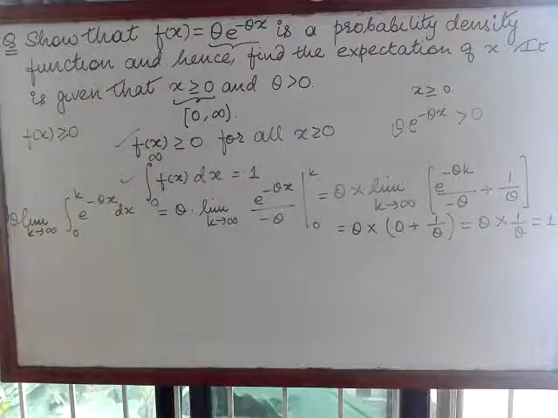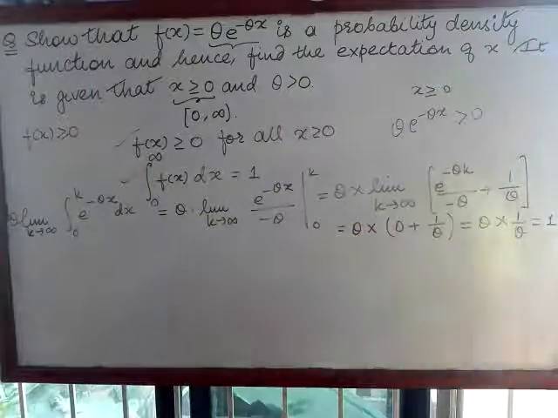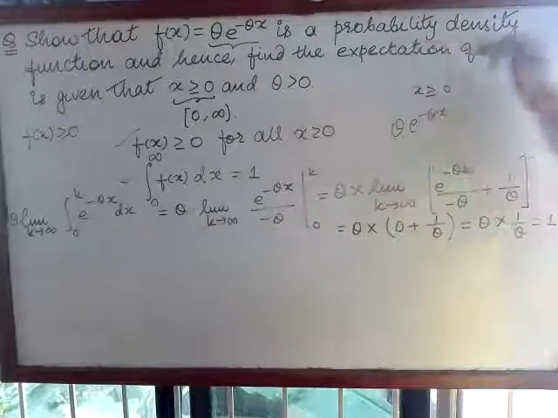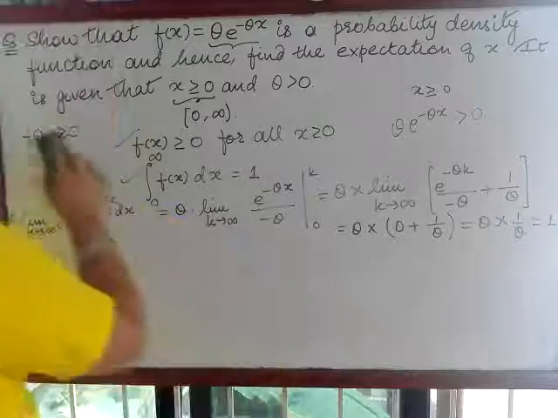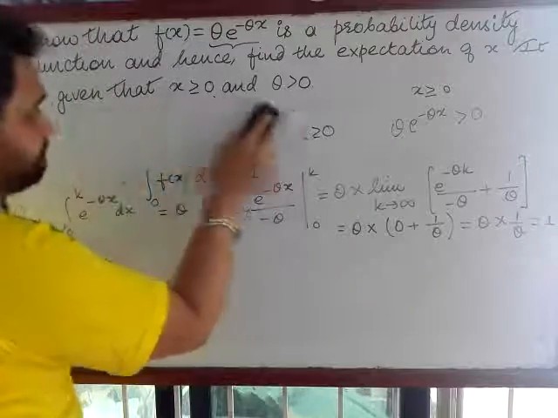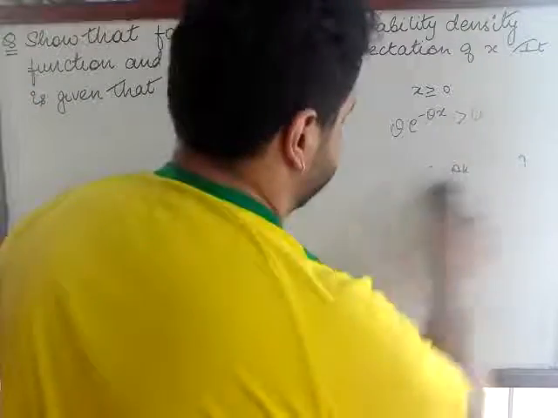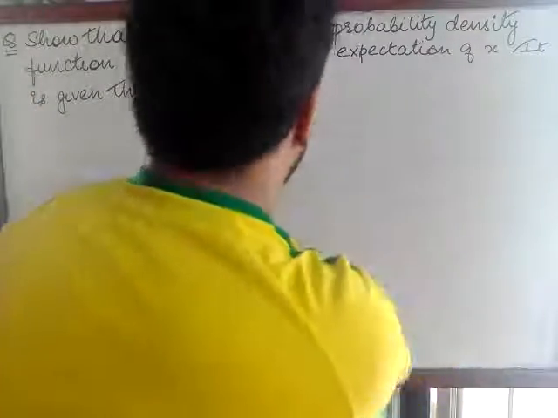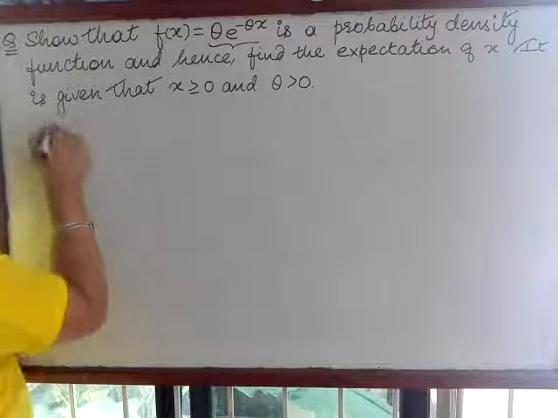And we also need to find the expectation of x. For that, what should we do? We need to use the definition of expectation of x, let's write it as E(X).